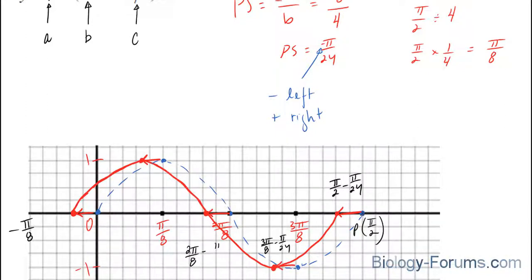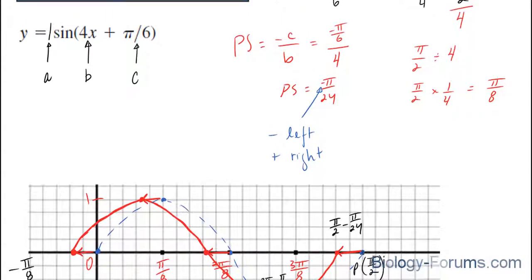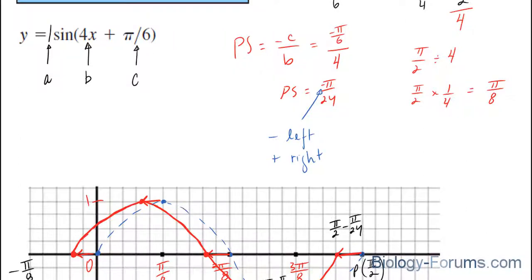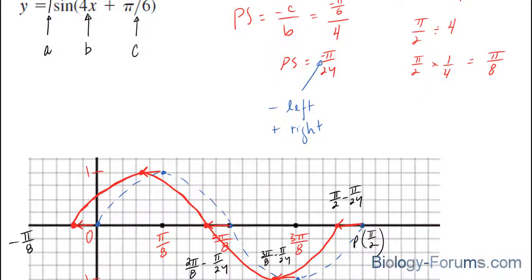And you do the same thing for the rest of the points. So there you have it. This is how to graph a sine function that contains an amplitude and a phase shift, but is configured in radians.